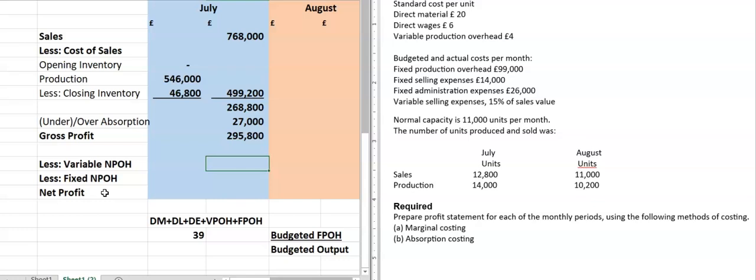With regards to variable non-production cost, where can you find that? Variable non-production cost is here: variable selling expense, that is 15% of the sales value. So here you get the 15% of the sales value.